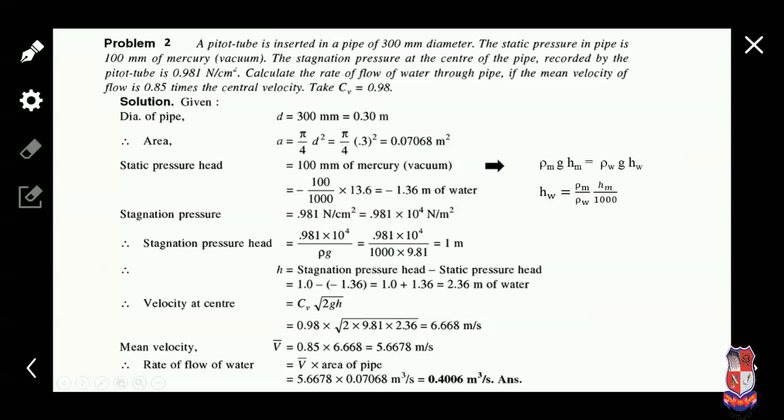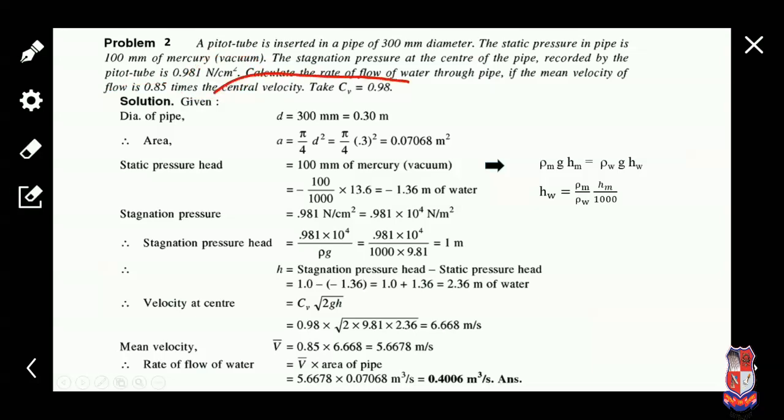Pitot tube. A Pitot tube is inserted in a pipe of 300 mm diameter. The static pressure in the pipe is 100 mm of mercury vacuum. The stagnation pressure at the center of the pipe recorded by the Pitot tube is 0.981 Newton per centimeter square.